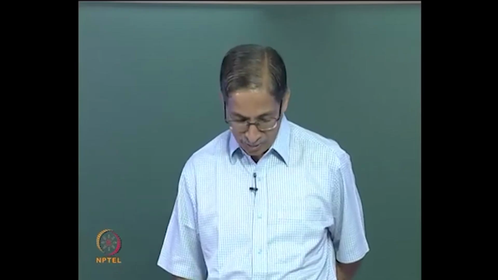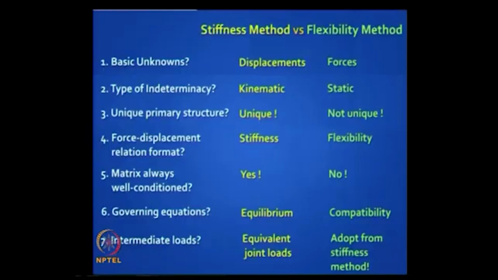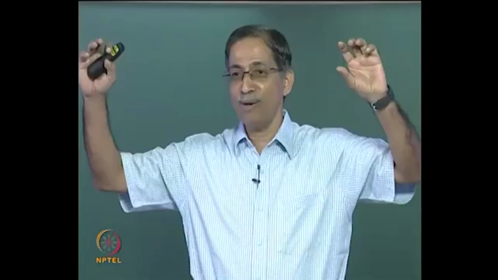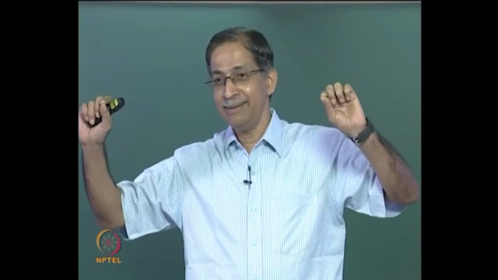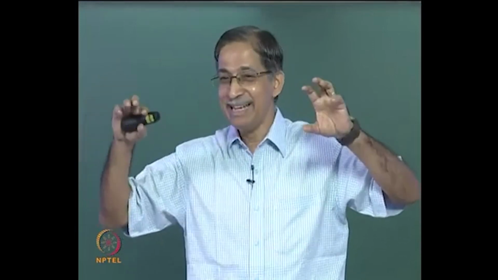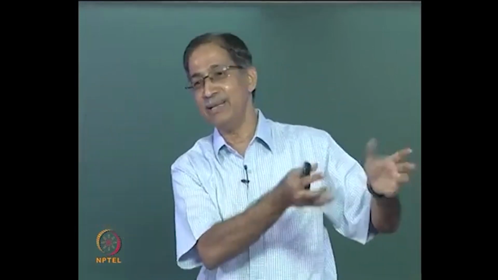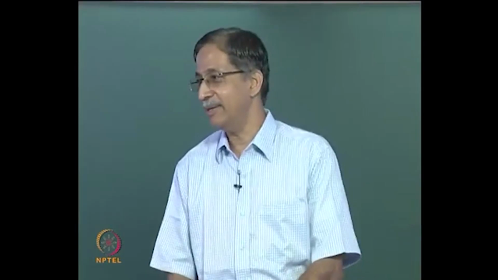You have to borrow the same damn concept from the stiffness method. It's a tragedy because there is no other way. You may have a statically determinate portal frame with a uniformly distributed load on top. You have to pretend that that beam is fixed, make it statically indeterminate, and borrow from the stiffness method how they calculate the equivalent and then put it here. So that is a problem.